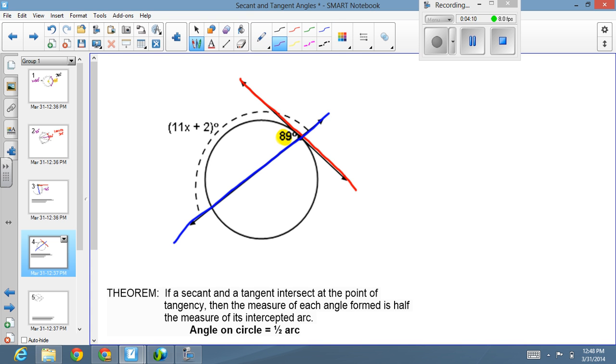So if this is 94 degrees, I know that this arc is, let's see, 90 times 2 would be 180. So this is 188 degrees.